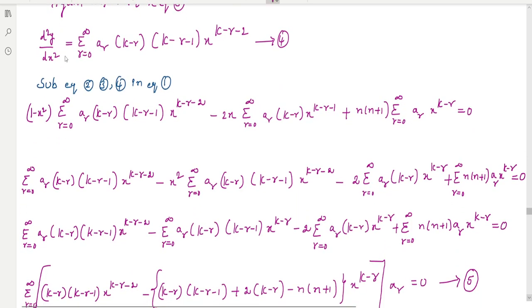So if you substitute equation number 2, 3, 4 in equation number 1, you will get this equation. Then go through these simple steps, and you will get the final equation number 5.